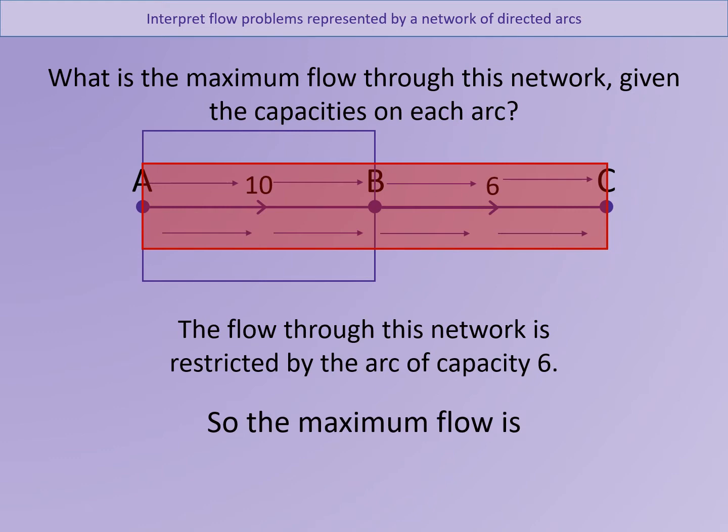So we'd say the maximum flow from A to C would be 6. However, the section from A to B does have the capacity potentially to have a higher flow through it. However, B to C, that's saturated, that can't have a higher flow.